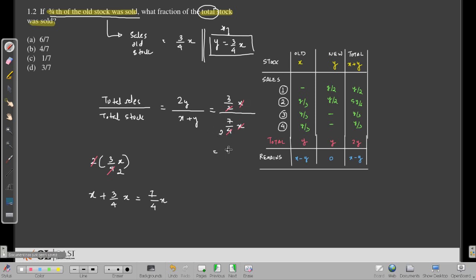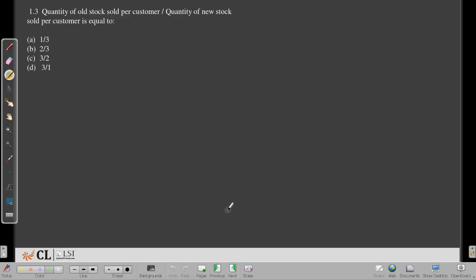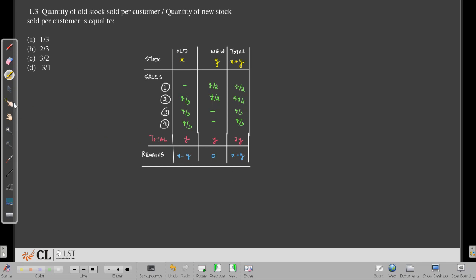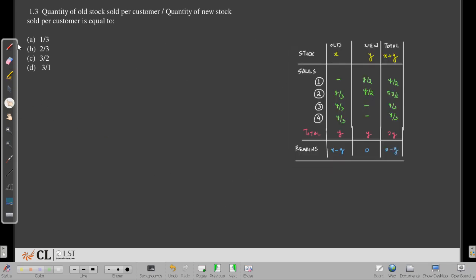That eventually becomes 6 divided by 7, and that will be the answer to this question. Answer choice number A, which is 6 divided by 7. And we'll keep this information y equal to 3/4 of x in mind for the subsequent question if we have to use that. Okay. Let's look at this question.